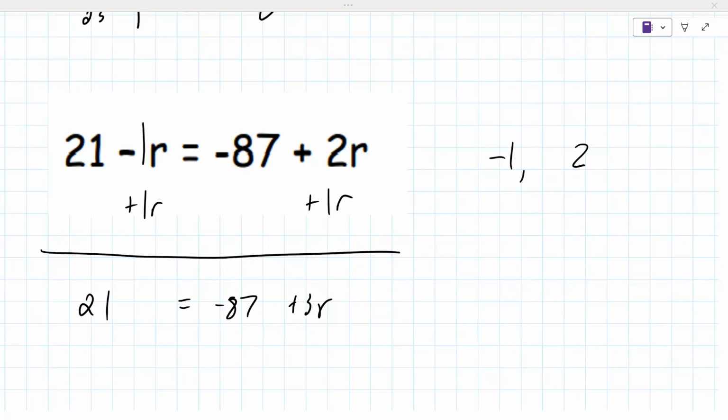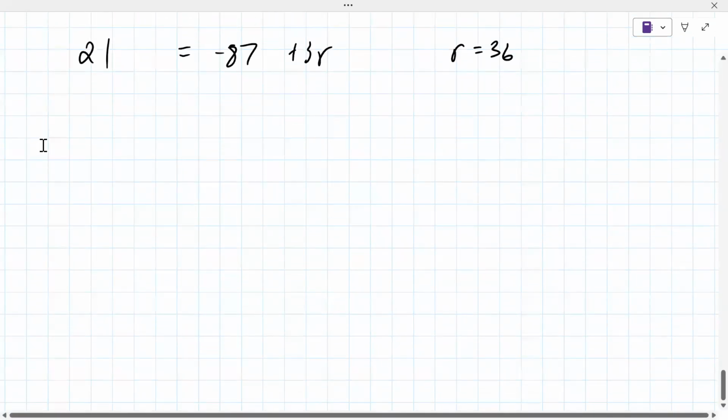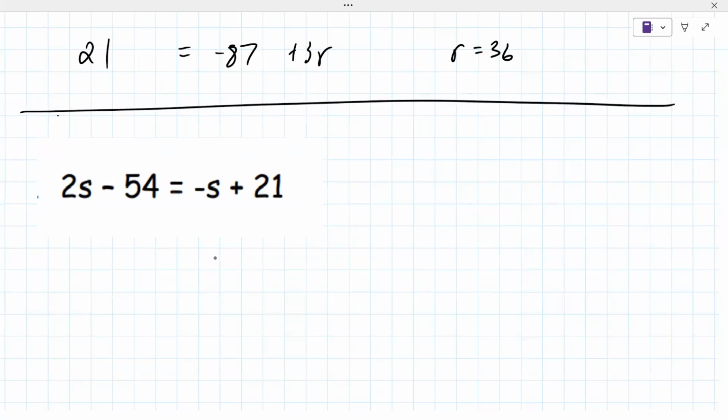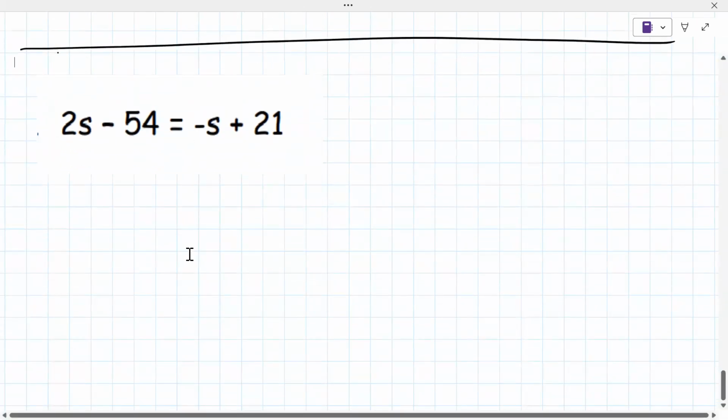R equals 36. Correct, good. All right. Let's take a look at one more here. See if you can work this one out, please.